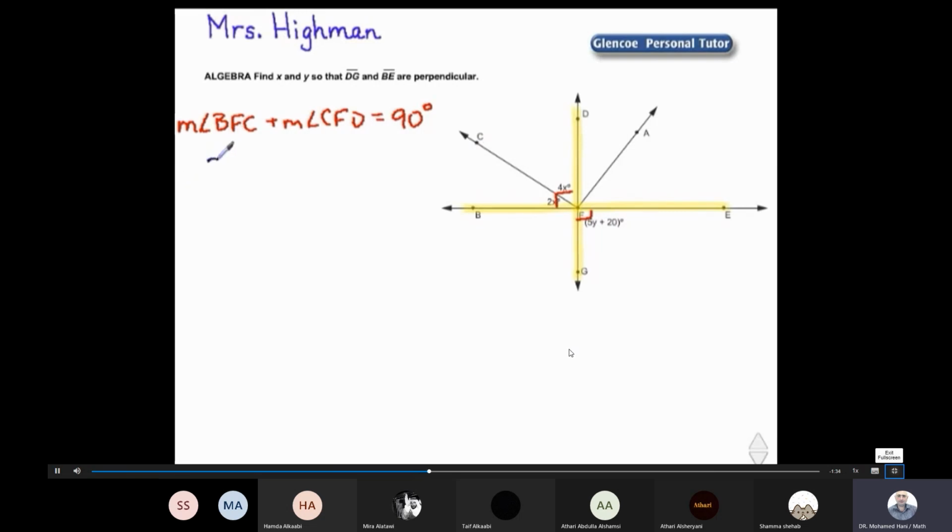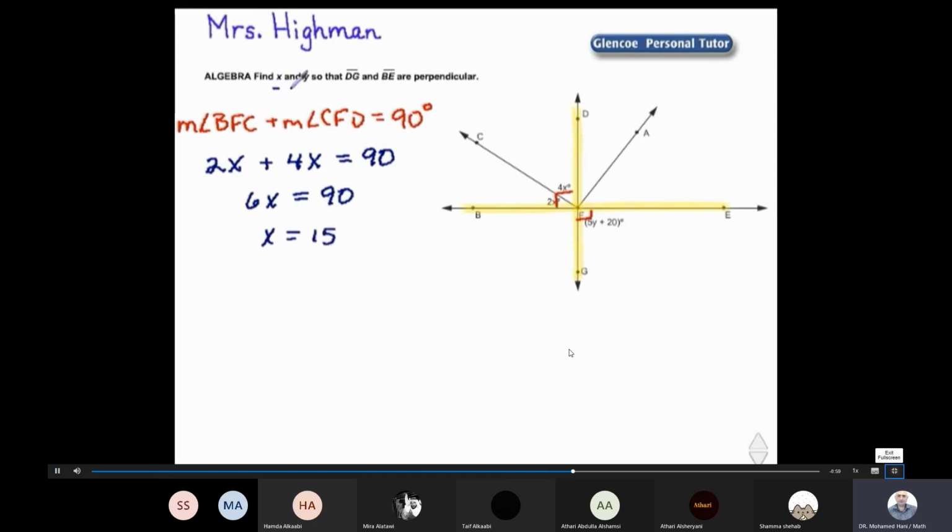So we'll substitute that in, 2x. And the measure of angle CFD is 4x. So we'll substitute that in. And together those should equal 90 degrees. We'll combine like terms. So now we have 6x is equal to 90. And if we divide both sides by 6, we find x is equal to 15.